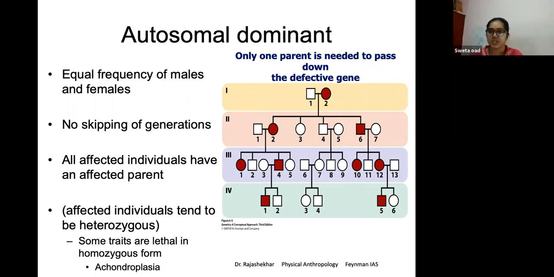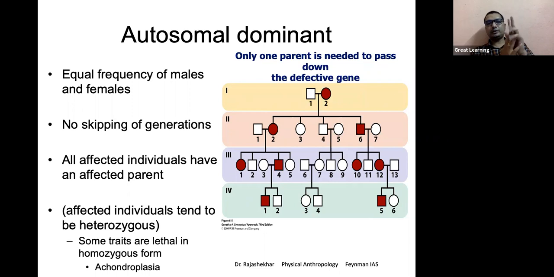A trait which expresses itself in homozygous as well as heterozygous condition. Correct. So even in heterozygous condition it expresses, and all these things we are talking about are diseases, because we are more interested in learning about diseases for pedigrees. Normal characteristics you may not need pedigrees for, but for disease conditions we use them.